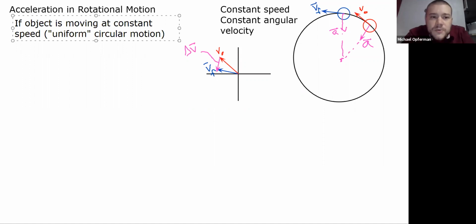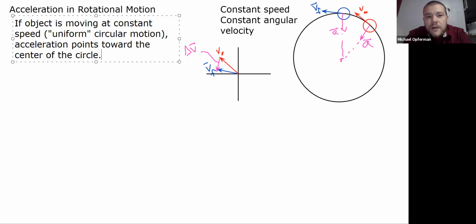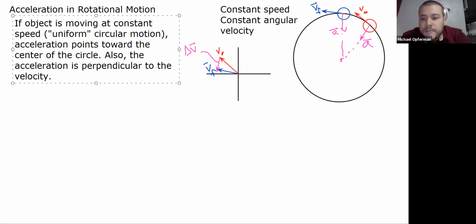So if the object is moving at constant speed, then the acceleration points toward the center of the circle that the object is moving in. Furthermore, the acceleration is perpendicular to the velocity at all times, and that's how the object can be moving at constant speed.